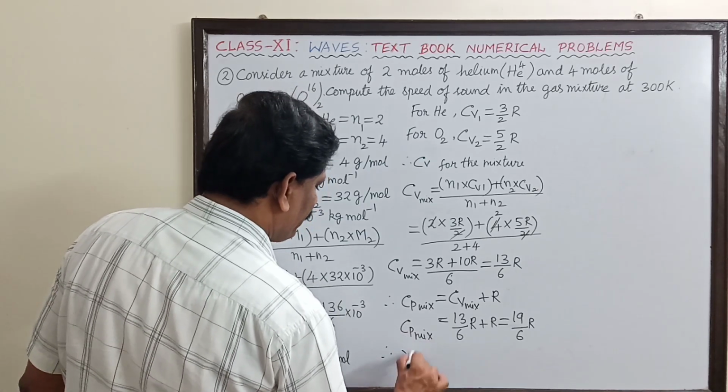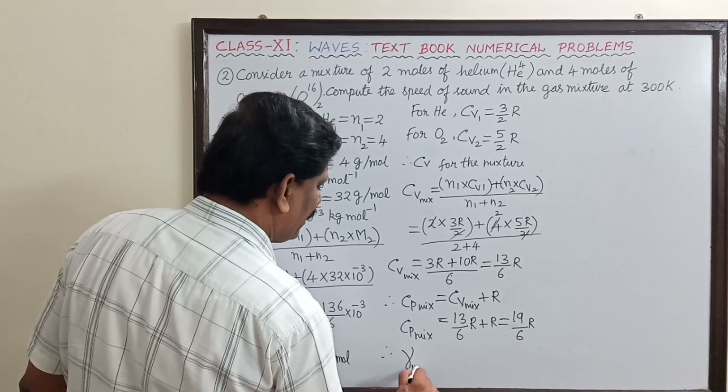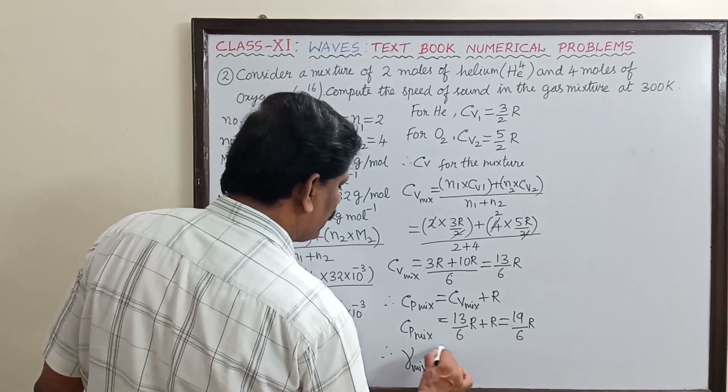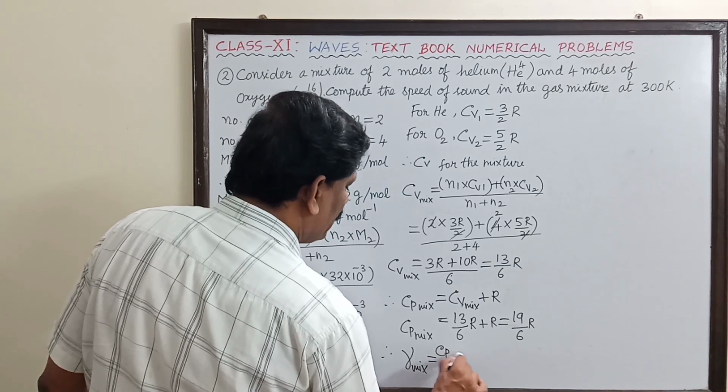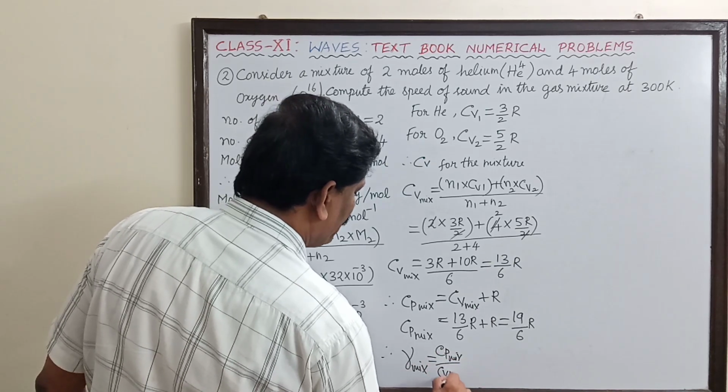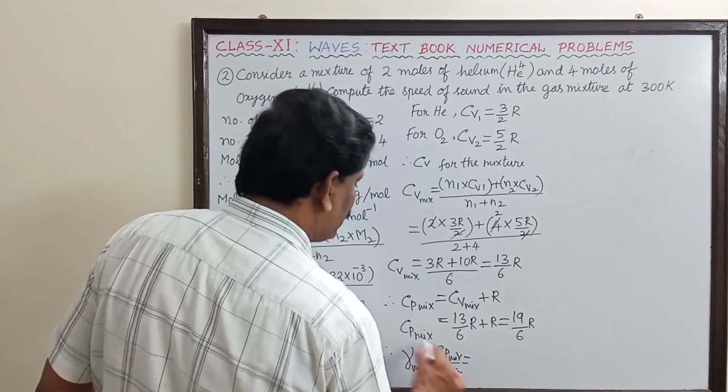Therefore, the value of gamma for the mixture is equal to Cp by Cv for the mixture. So this is equal to Cp, which is what?